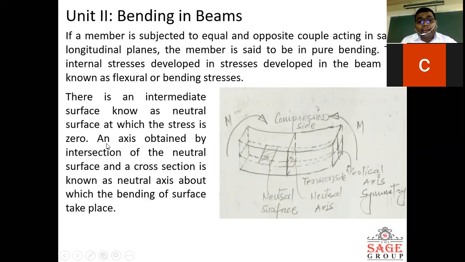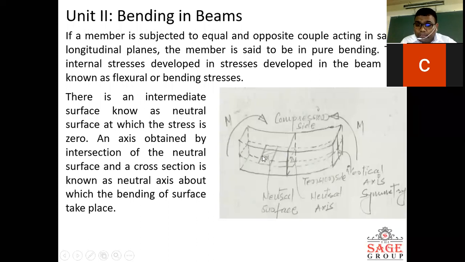An axis is obtained by the intersection of the neutral surface, which you already know is the intermediate surface, and the cross section. This square is the cross section of this beam.